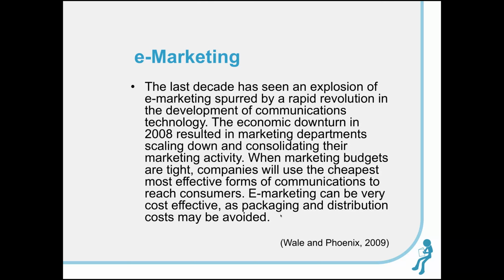So the concept of marketing, from a definition of e-marketing, is that the last decade has seen an explosion of e-marketing spurred by the rapid revolution and development of communication technology. Marketing is changing because of the rapid revolution in telecoms.